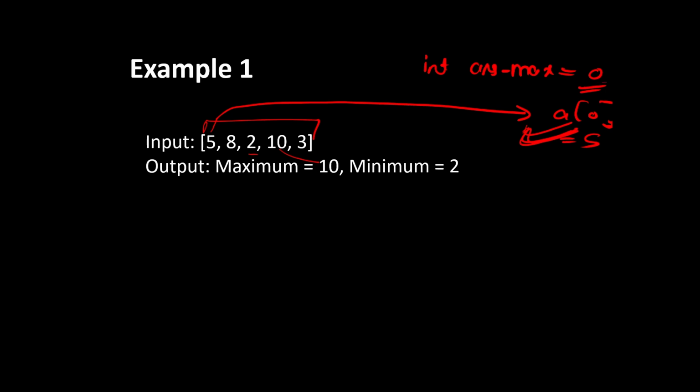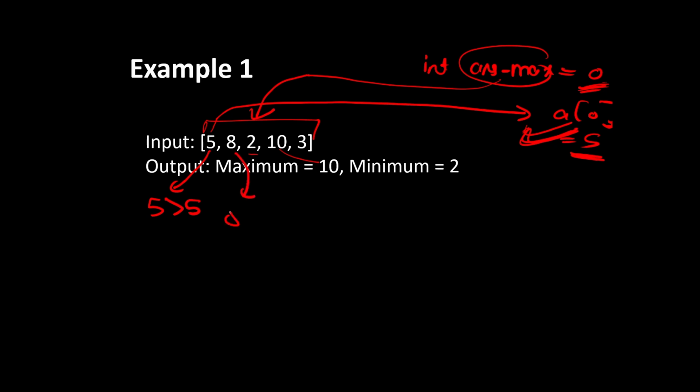For the time being I am using a dot 0, but you can use 0 also. Then I will compare this answer max value with the array elements. Now the max value is 5, so I compare it with the array's first element: 5 is greater than 5? No, so the maximum is not updated. But 8 is greater than 5, so the condition is true and we update the max value from 5 to 8.